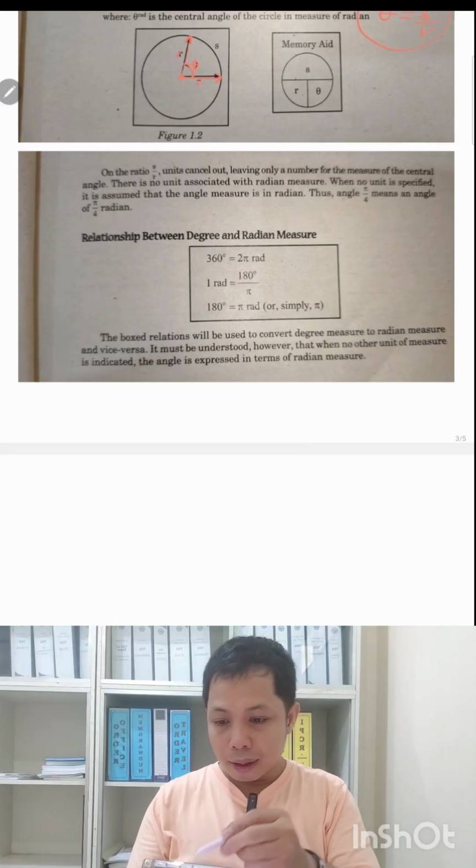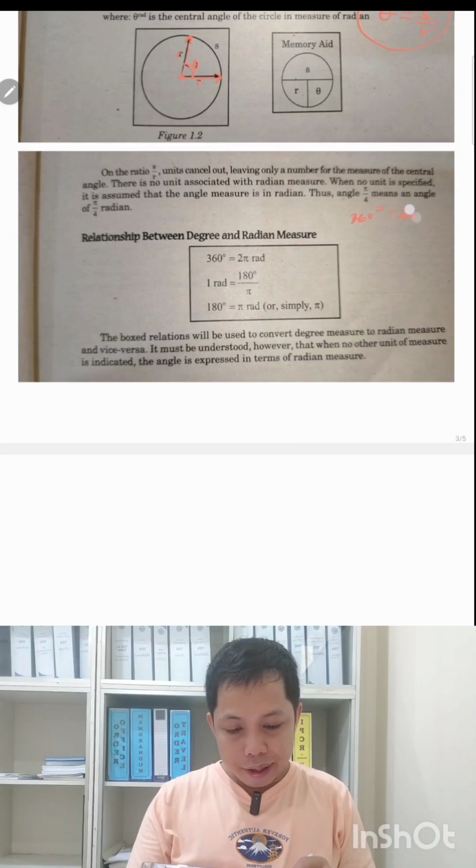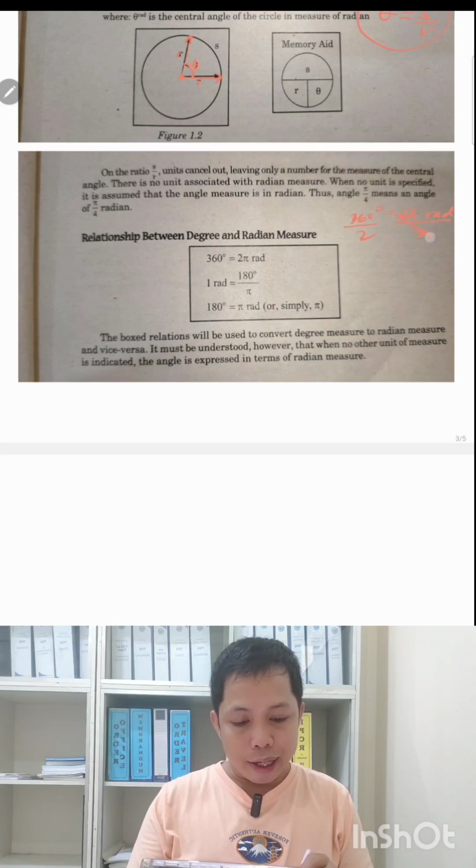Now, if 360 degrees equals 2 pi radian, so what is 1 radian? Let us divide both sides by 2. So that is 180 degrees equals 1 pi radian. So that is pi radian.